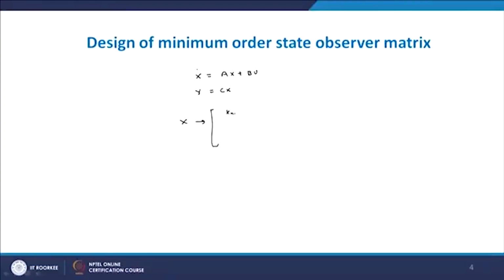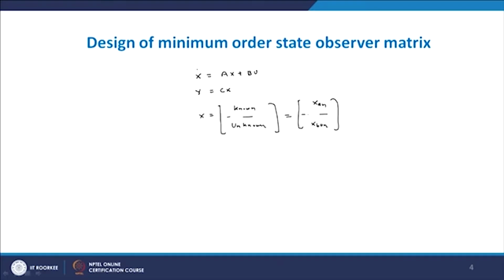Therefore, we write this x as involving known states and also unknown states, represented as x known and x unknown.